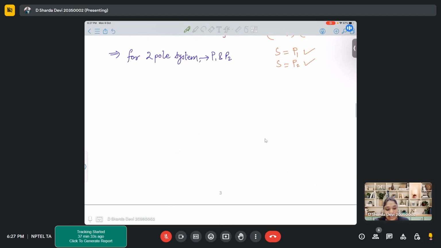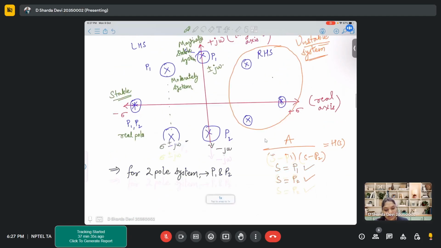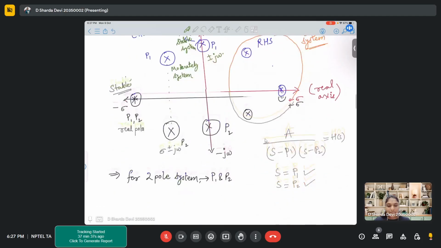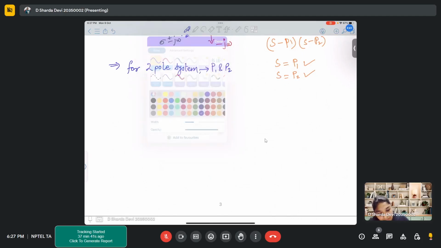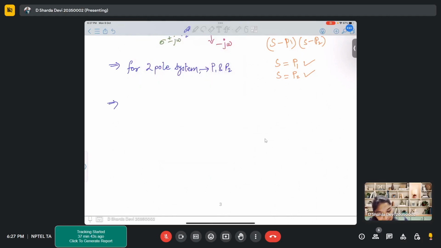The basic idea is why we are saying this is how it will look. So let's dive into that. How do poles and zeros appear in the picture? You always have a system with feedback. Now there are two types of feedback that are possible.